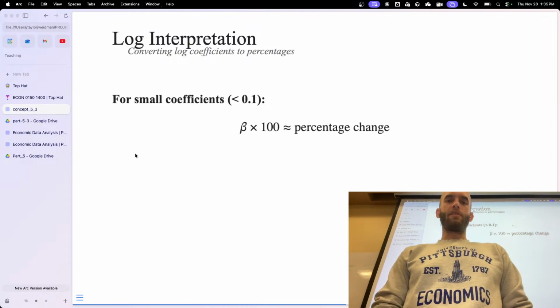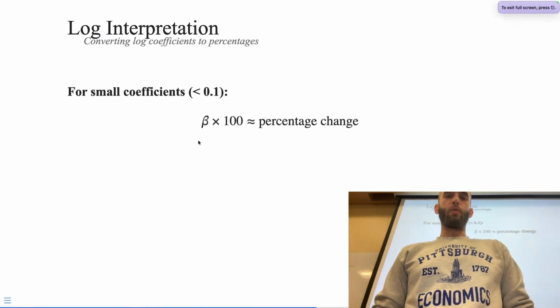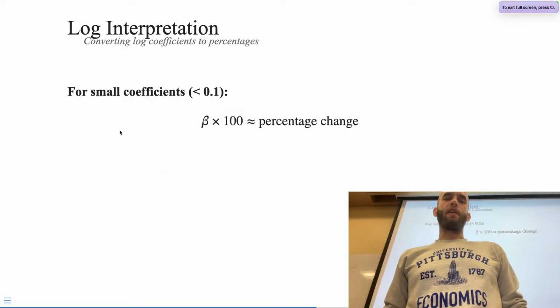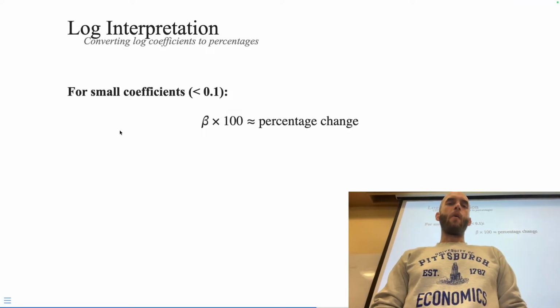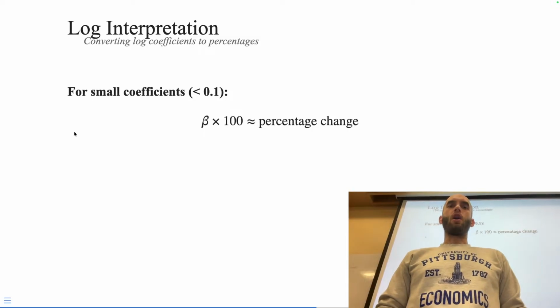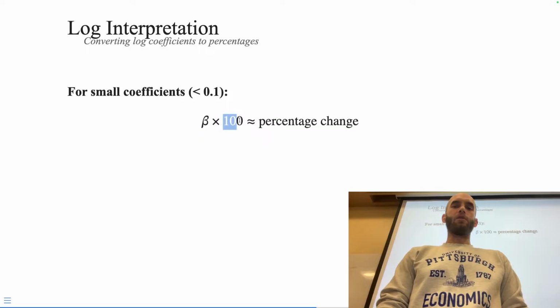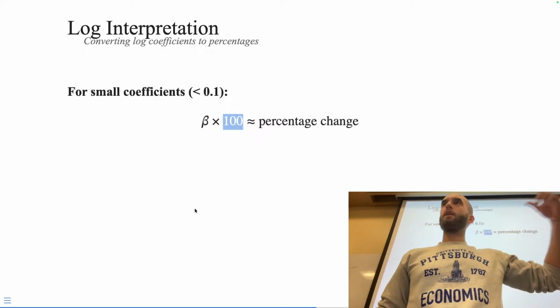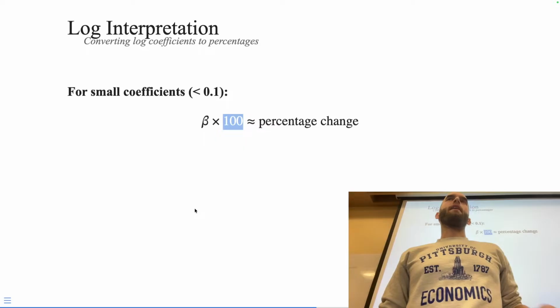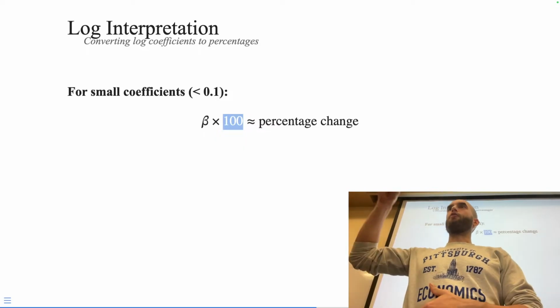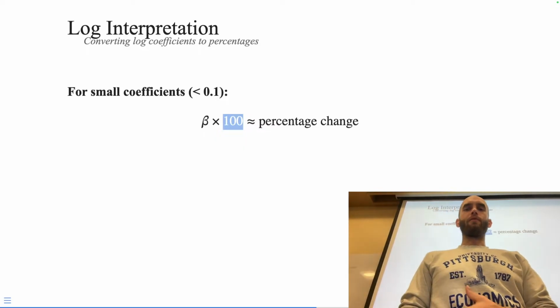Okay, so we were talking about log interpretation last class, and I gave you some wishy-washy answer. So I just have this slide here for you. When we're dealing with log coefficients, essentially beta times 100 is the percent change in the outcome variable if we're predicting a log value as our outcome variable.